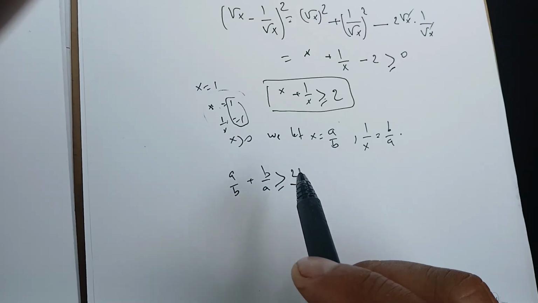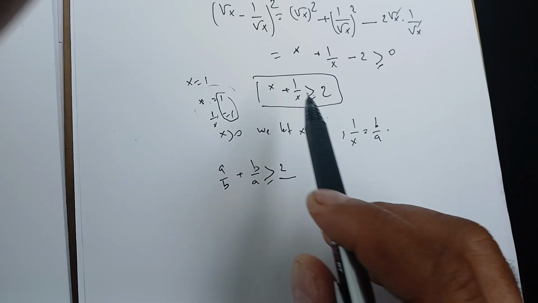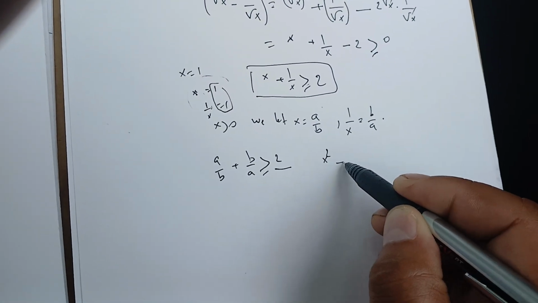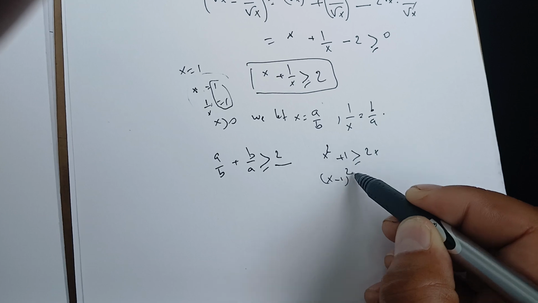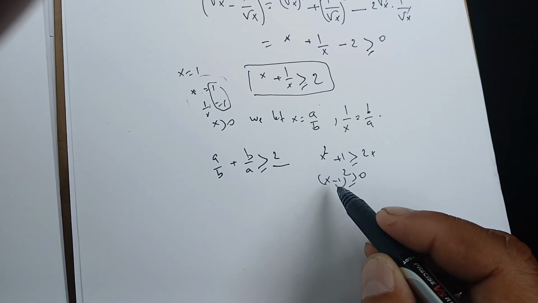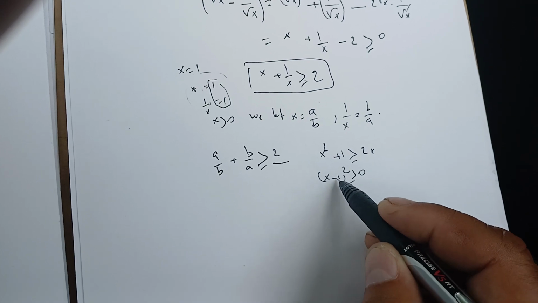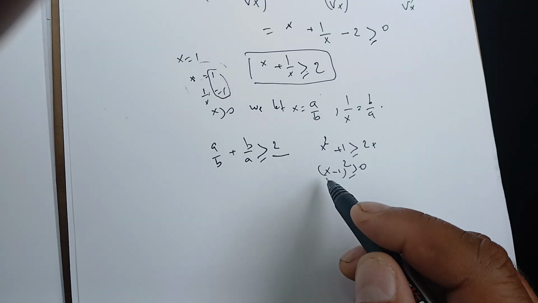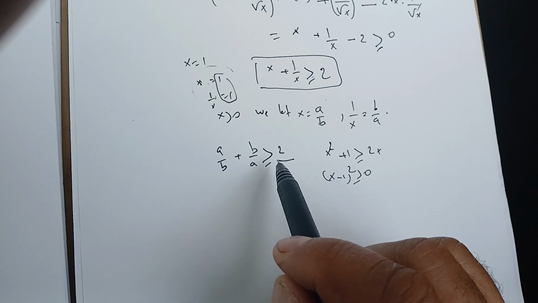We can do it in general, or we can do it from here. Given that x is positive, we can multiply through: x squared plus 1 is greater than or equal to 2x. That means (x minus 1) squared is greater than or equal to 0. So when x is 1, we have equality, and that means we have this 2 here.